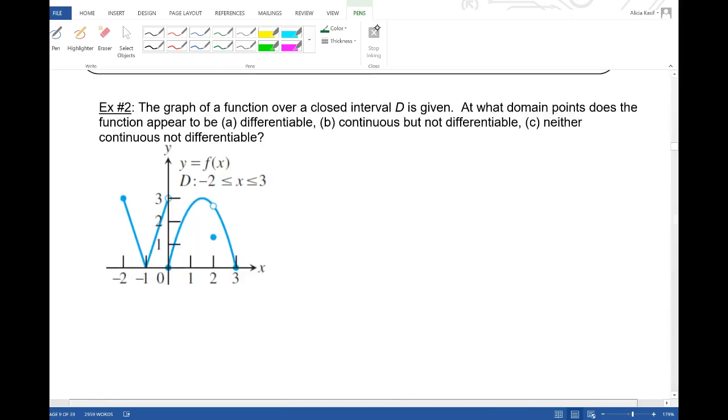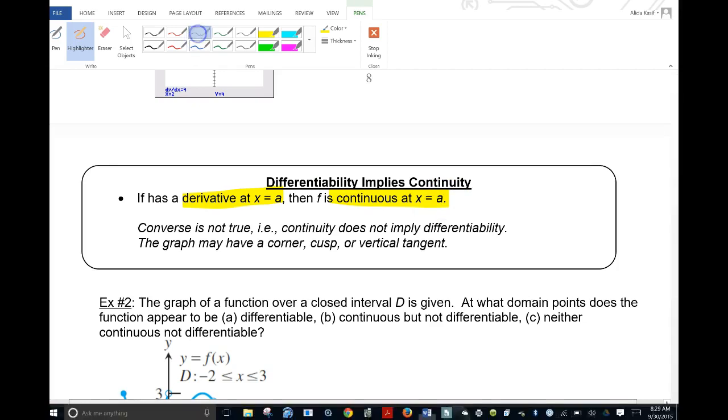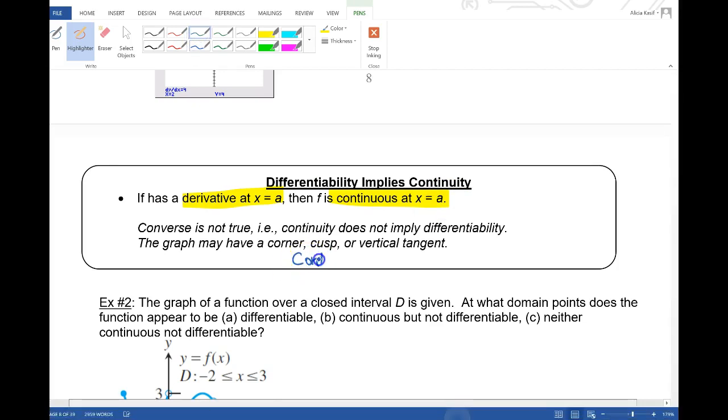Wait, what did that mean? If it has a derivative, then it's continuous. I got that part. But if it's continuous, for example, any of the examples on the first page don't have a derivative. That's correct. So if it's continuous, that does not imply differentiable.